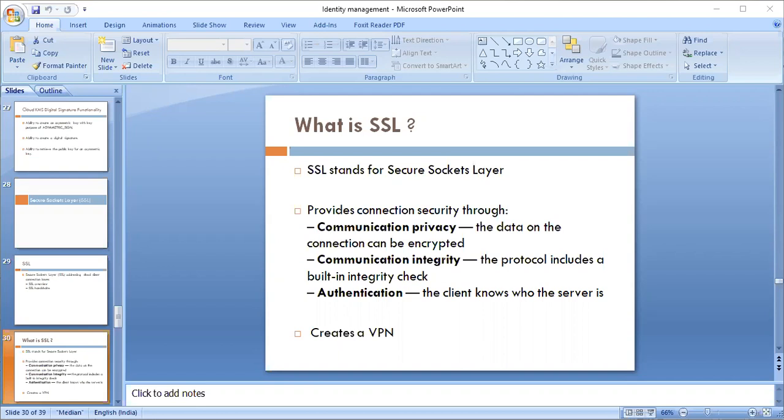The updated version of SSL is TLS encryption, which is used nowadays. SSL is the standard security technology for establishing an encrypted link between a web server and a browser. This link ensures that all the data passed between the web server and browsers remains private and intact.